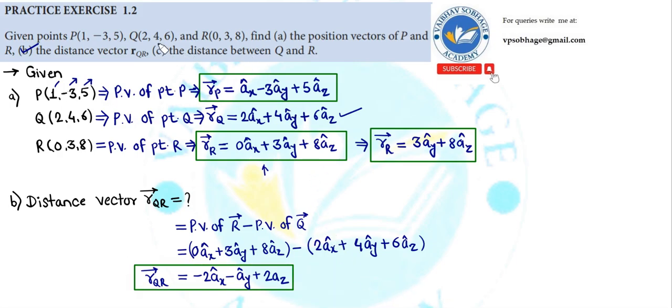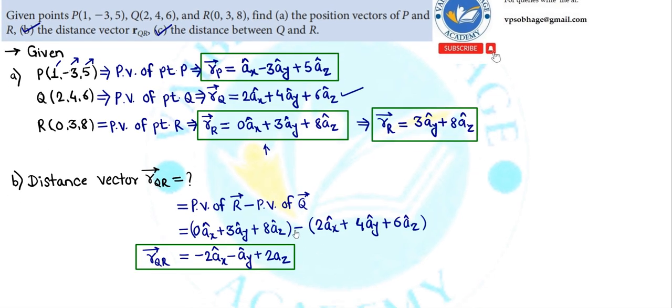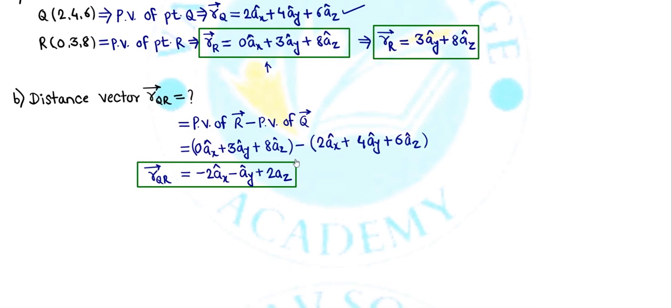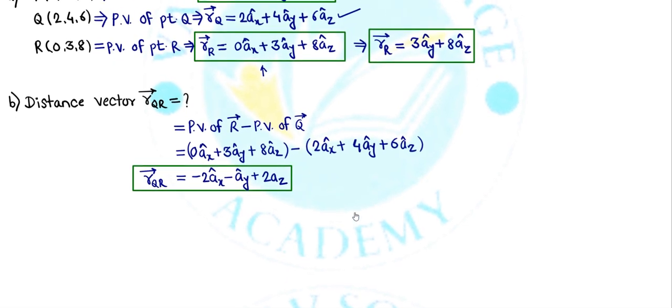Now in the third part of the same numerical, we have to find out what is the distance in between Q and R. See, whatever we found out in part B was the distance vector, and in part C of the same numerical we have to find out what is the distance in between Q and R. So distance in between Q and R is nothing but what?